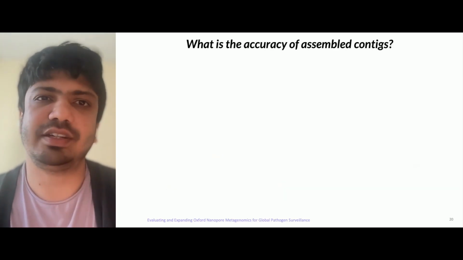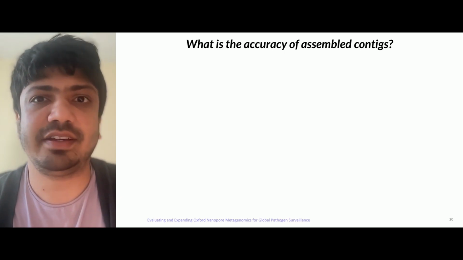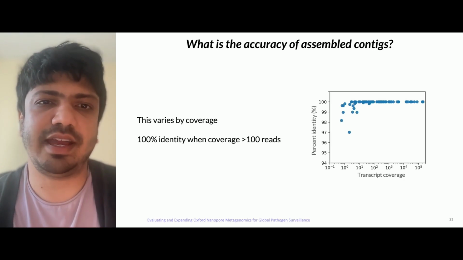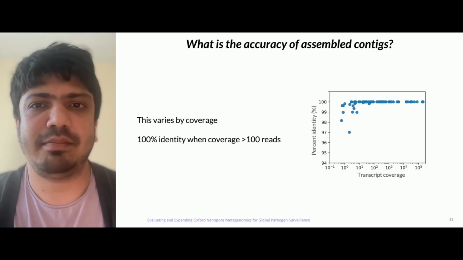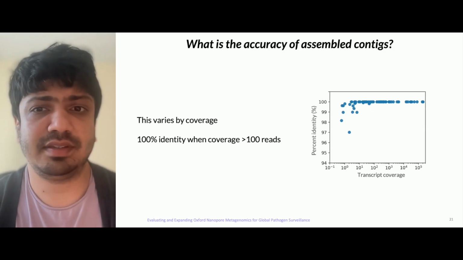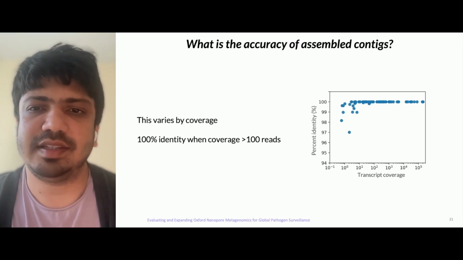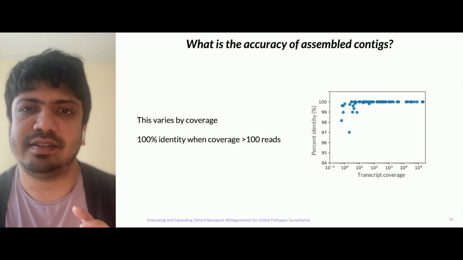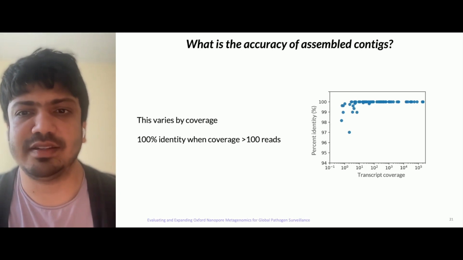So then another question is, okay, now we get all of this sequencing data, but what is the accuracy when we assemble them into contigs? To do this, again, we took our sequencing reads and assembled them into individual transcript-length sequences. What you're seeing here is the percent identity of those individual transcript sequences versus the actual sequence as a function of the coverage across each transcript.